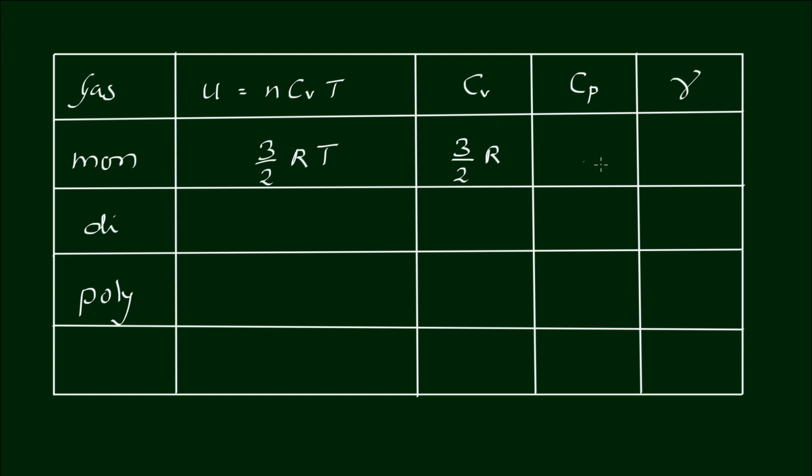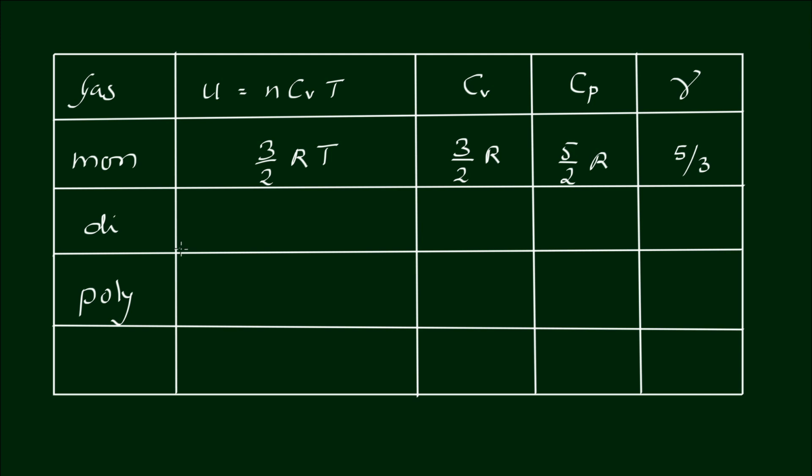If Cv is 3/2 R, Cp is Cv plus R, so that's 5/2 R, and gamma is Cp by Cv, which is 5/3. This is the gamma that you use in PV^gamma in describing any adiabatic process.